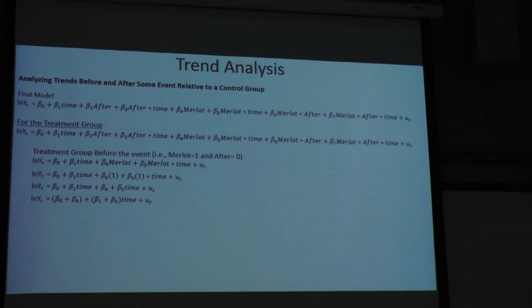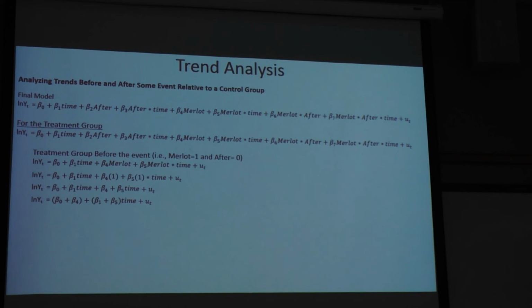So remember that the control group is ln Y cases equals beta 0 plus beta 1 time. If the control group and the treatment group have the same growth rates before the treatment, what should be true? So the slope has to be the same, and the beta 1 plus beta 5 must be the same in the next one. So how can beta 1 plus beta 5 be the same as beta 1?